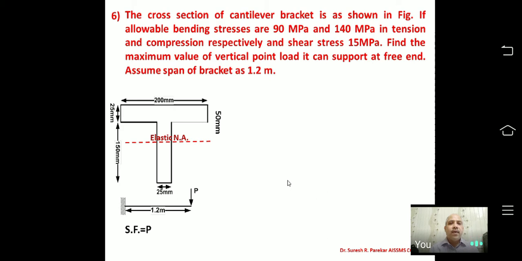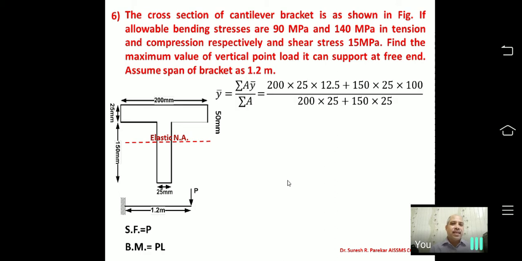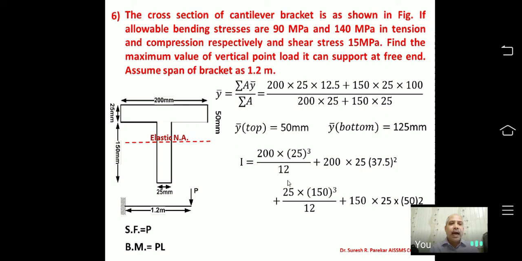We have given P load at the free end, then I will get shear force P and bending moment PL. Now the steps are the same. We have to calculate Y bar from top, Y bar from bottom, and I. Now here you have to see in the problem, three conditions are given.